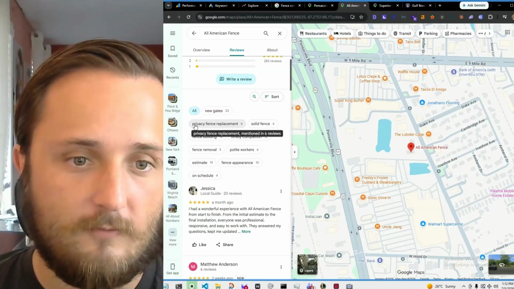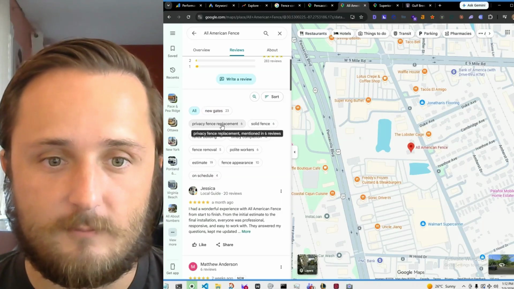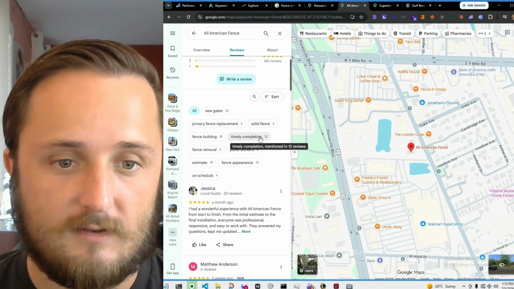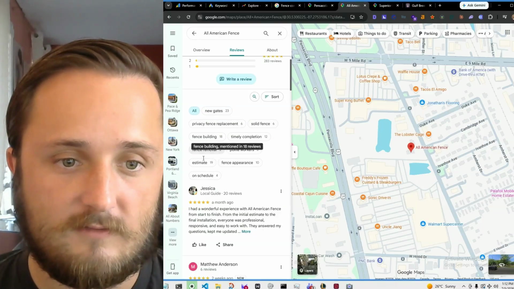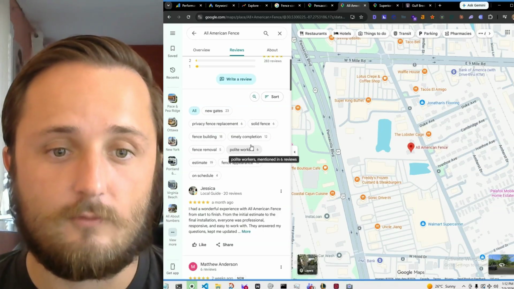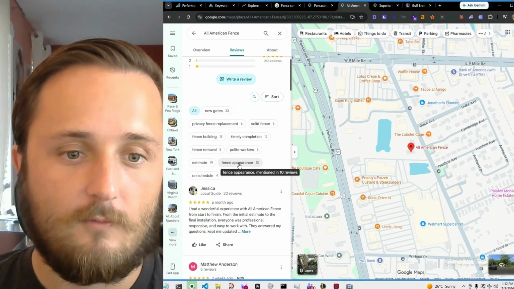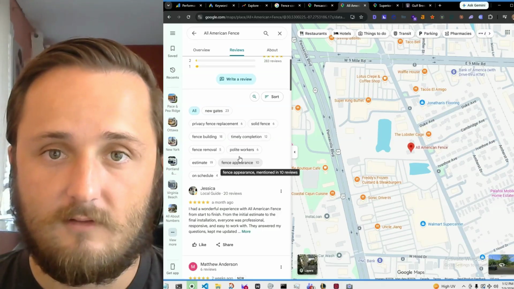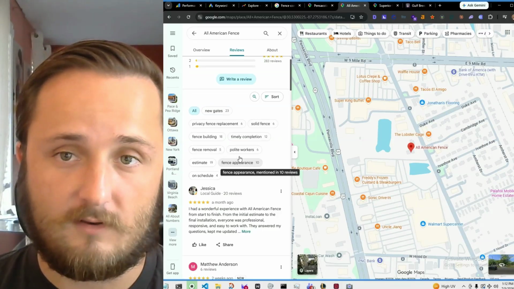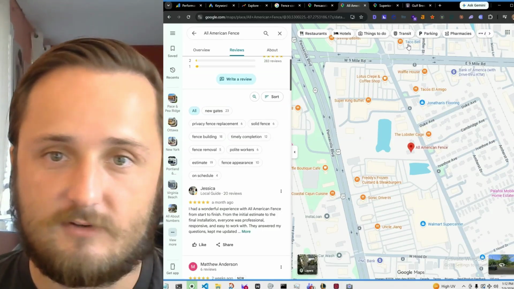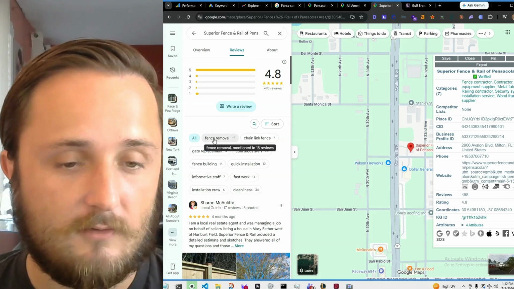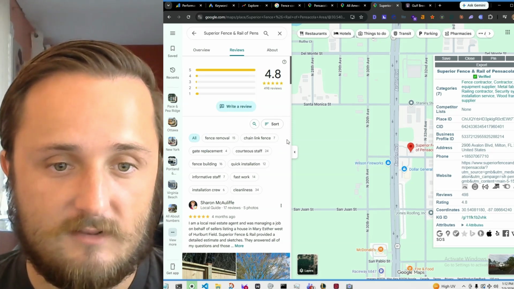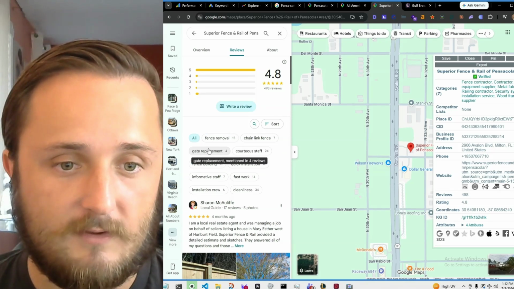We're going to look at another profile: privacy fence replacement, solid fence building, timely completion, fence removal. We got all of these different things that Google thinks are relevant. And so we need to be considering this when we go to target a specific keyword or structure our pages or the services that we need to be targeting. So we also have another example here of fence removal, chain link fence, gate replacement.